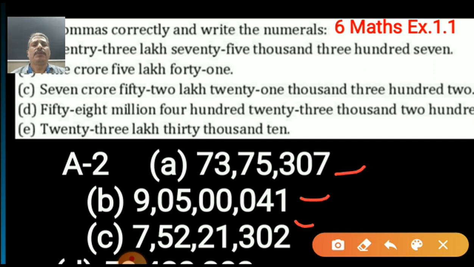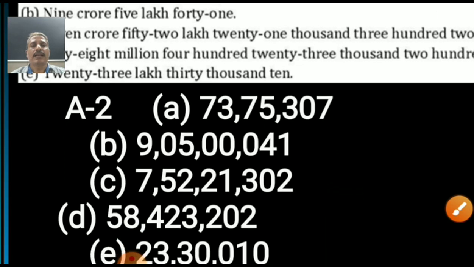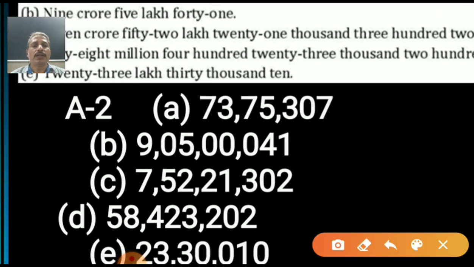D, 58 million. Oh, very nice. Three numbers. 423,200. See, the number is like this. I purposefully wrote it this way. This system is the international comma system. Every 3 numbers are separated by a comma.